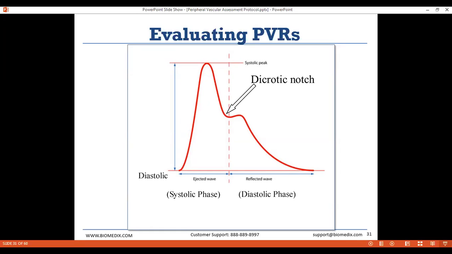However, for patients with mild PAD, what you're going to see is these very narrow, mountainous, almost triangular peaks that look kind of normal, but they're missing that dicrotic notch. So I want everyone to keep an eye peeled when evaluating, for differentiating mild PAD from healthy patients, because they're missing that dicrotic notch.